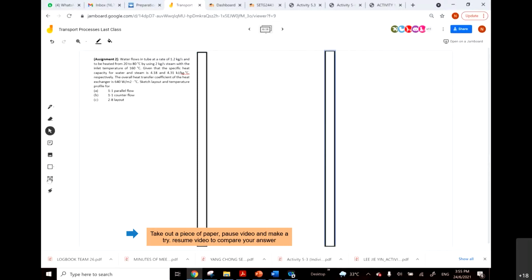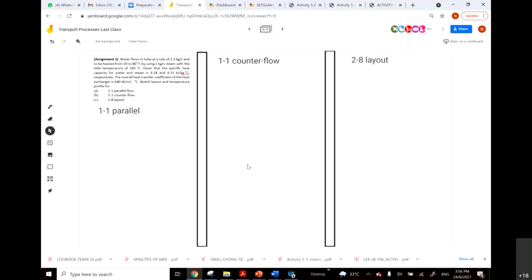So for 1-1 parallel you can write here. Okay, this one is very important. If you don't understand this, it is indeed a bit difficult. Okay. It's okay to be wrong now. Maybe if you are wrong now, that's how you learn and how you can avoid careless mistakes. Okay. So I have one contributor already.